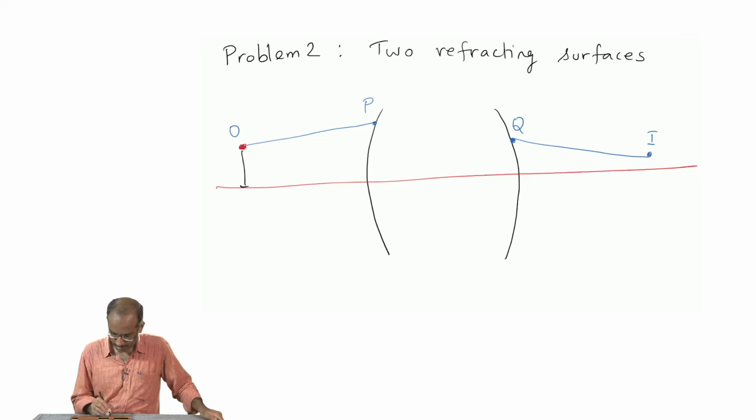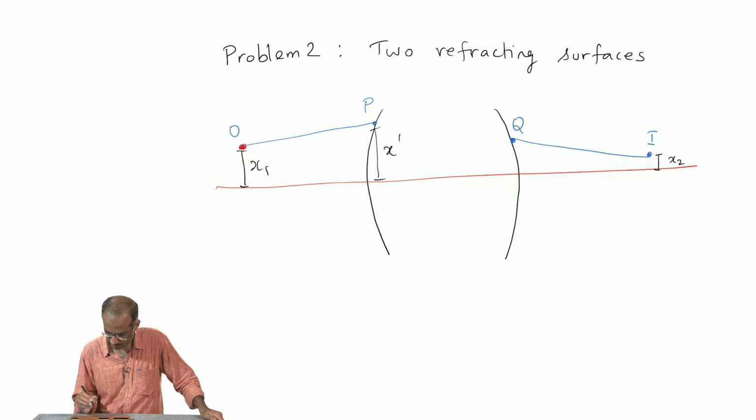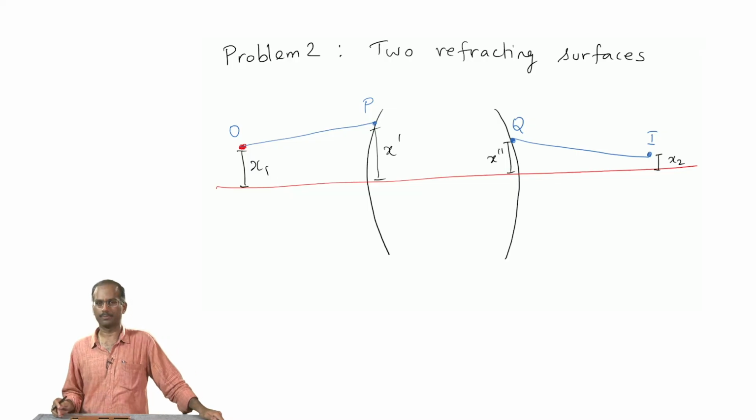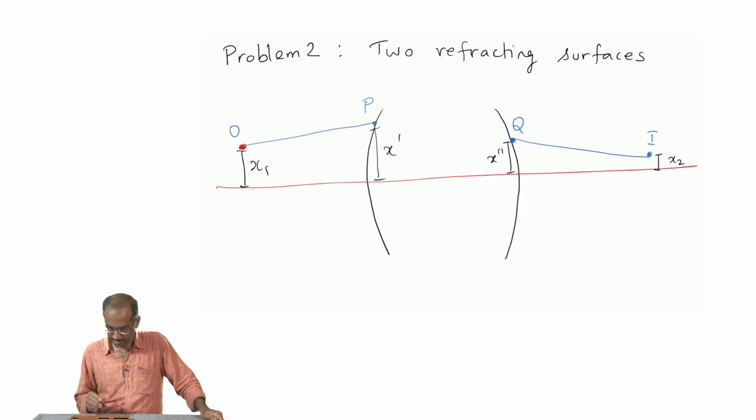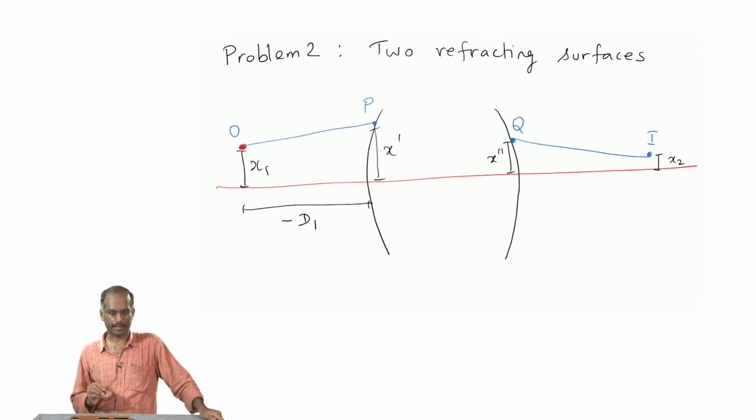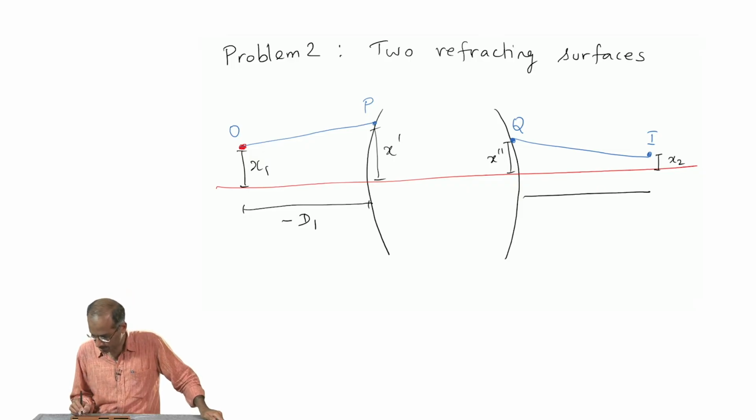I shall call this height x 1 and this height x 2, and we also need two other heights. This one we shall call x prime, and this one x double prime, and let us also define the distances. The distance from here to here, let me call it d 1, of course, I need to put a negative sign, and this distance we will call d 2.